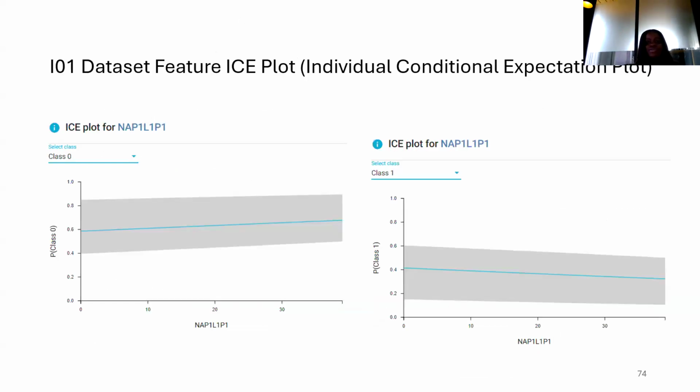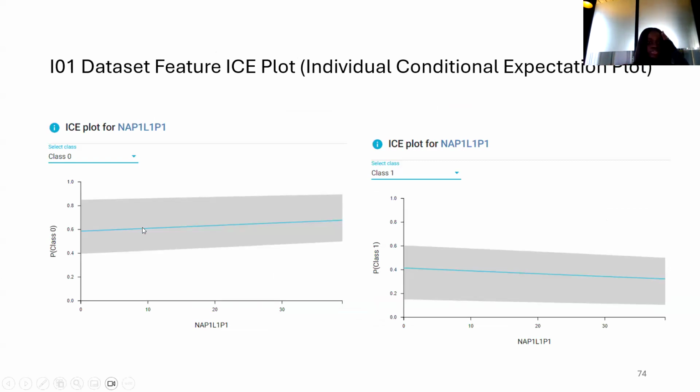So we have something called ICE plots, which you use to ascertain how a gene works. Let's say one of them chose NAP1, a very long name, as an important gene. We can then use an ICE plot to have a look at why it thinks it's important.